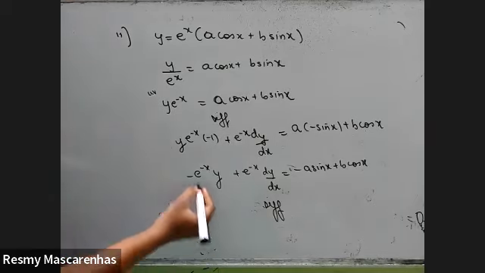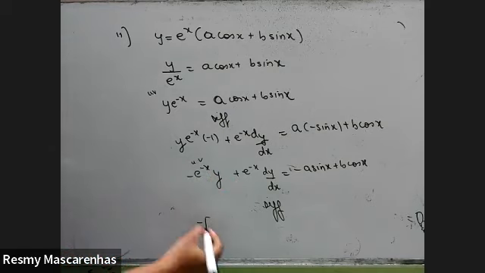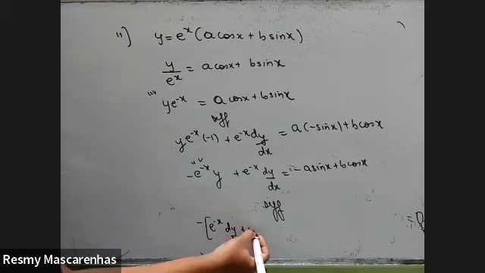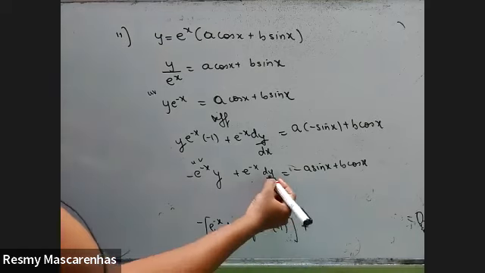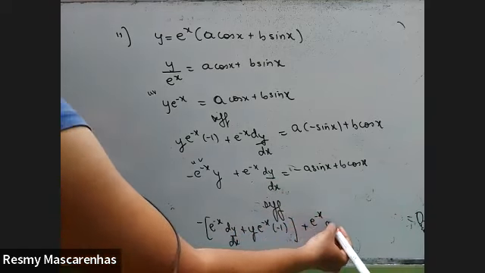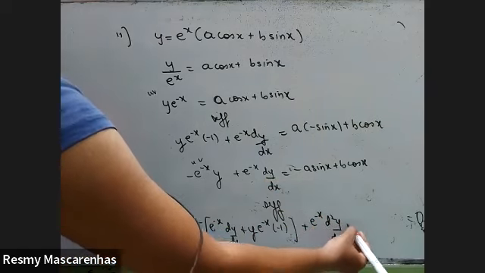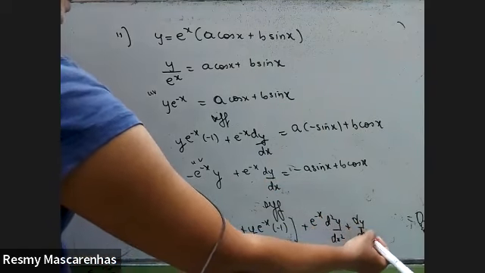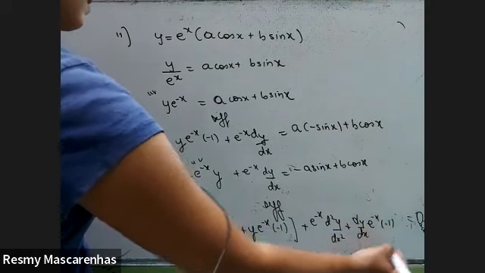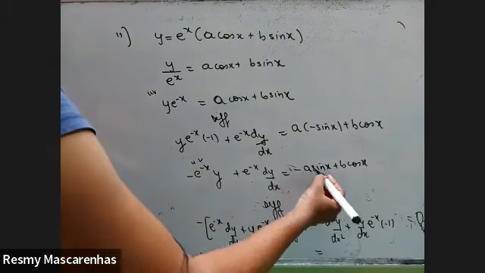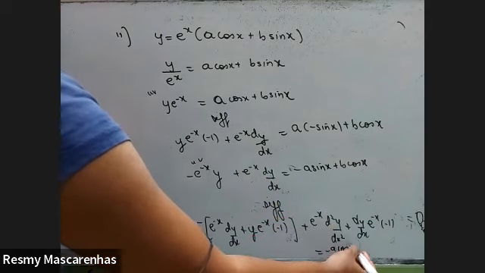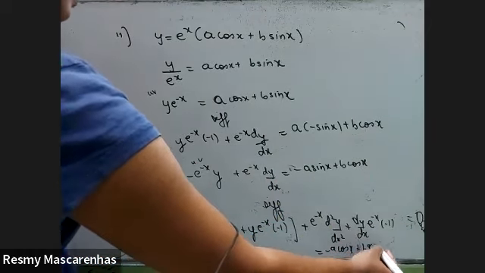When you differentiate, this is again u into v rule. Minus is out. dy by dx is y. Again u into v rule. Which is equals to a cos x plus b minus sin.